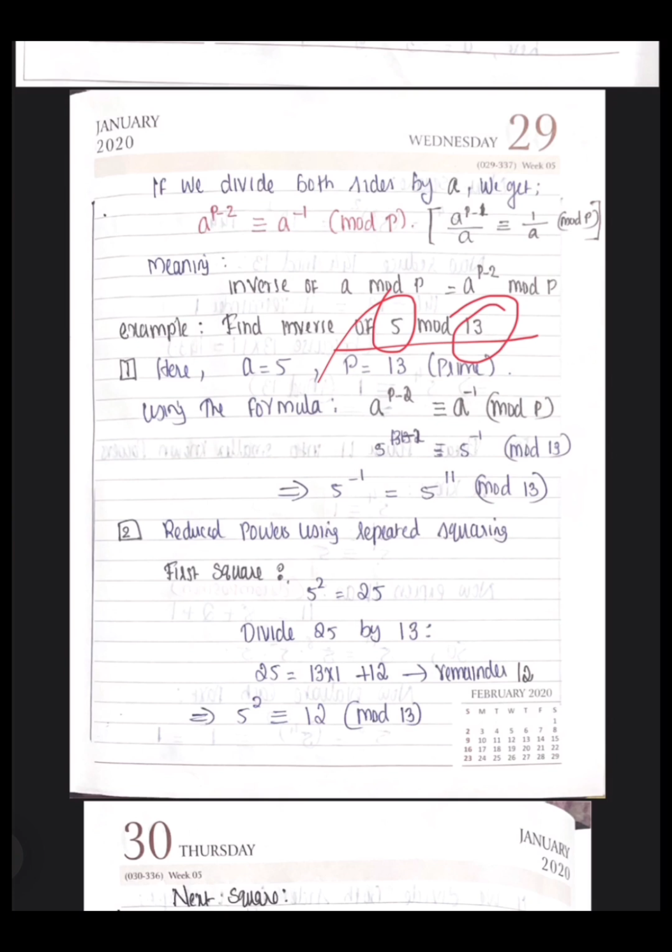13 is prime. Using this formula, a raised to p minus 2 is congruent to a raised to minus 1 mod p. Apply these values. a will be 5, p is 13. 13 minus 2, that is 5 raised to minus 1 mod 13.